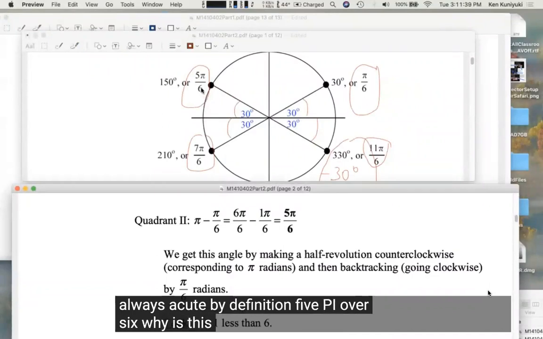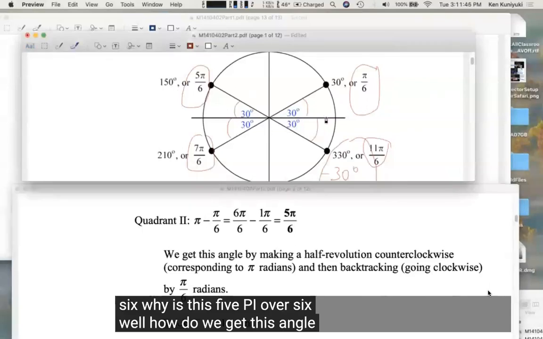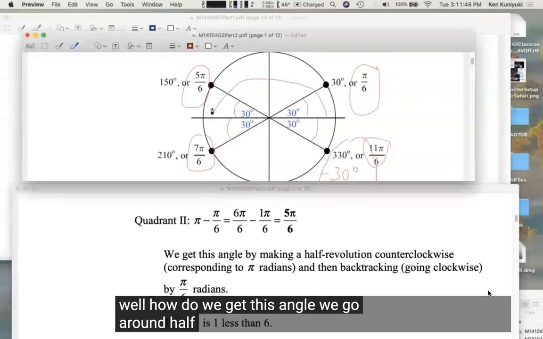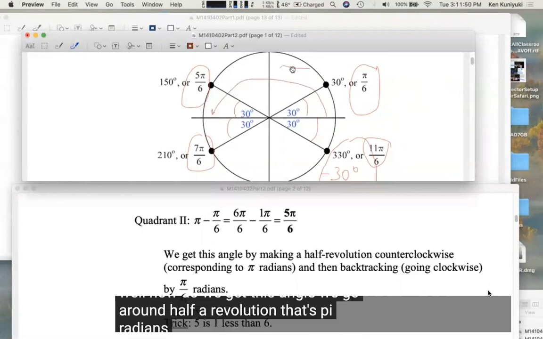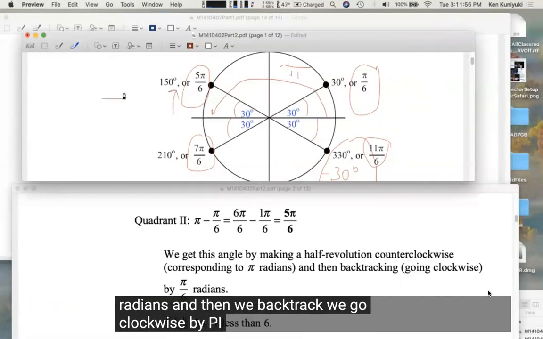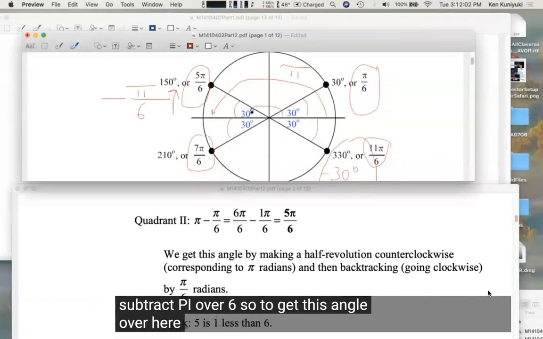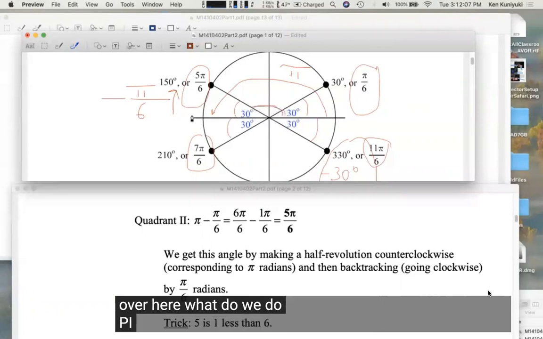5 pi over 6. Why is this 5 pi over 6? Well, how do we get this angle? We go around half a revolution, that's pi radians, and then we backtrack. We go clockwise by pi over 6 radians. We subtract pi over 6. So to get this angle over here, what do we do?